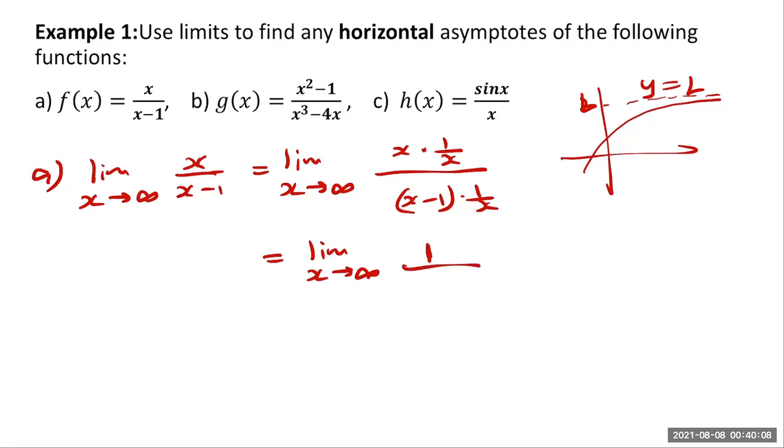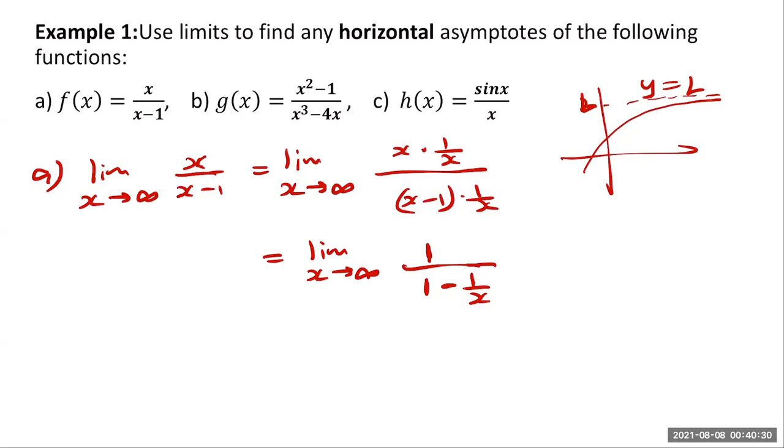These two will be cancelled. Divided by, in the bottom, you get 1 minus 1 over x, right? If you multiply these two together, x times 1 over x is 1, and then 1 over x times 1 would be 1 over x. Now you can take the limit.